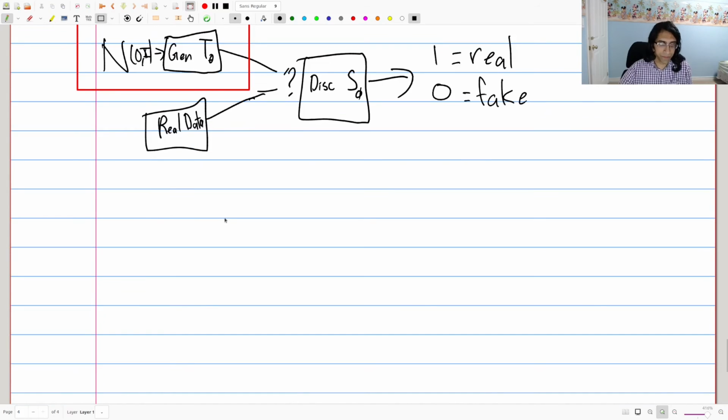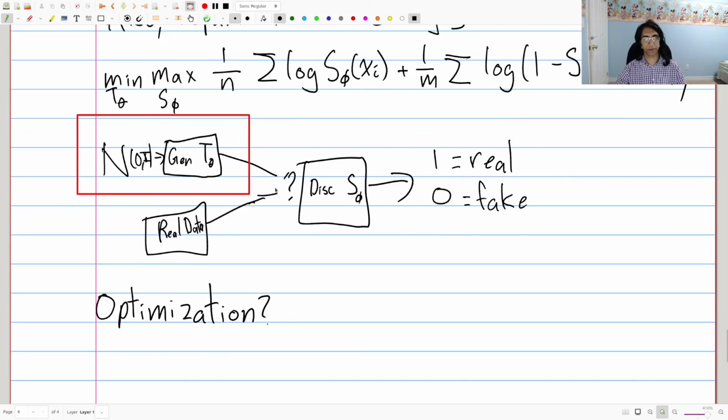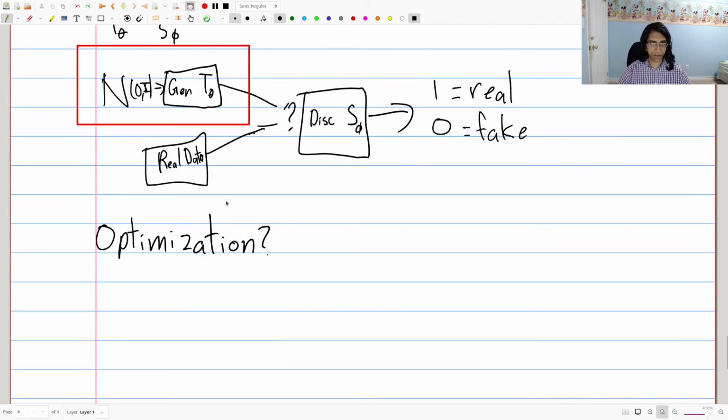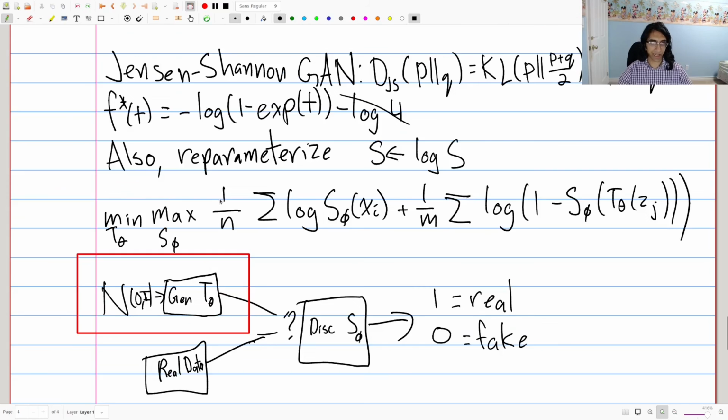Cool. So that's what GANs are really. And in terms of optimization, this is like the last question. How do we optimize this? Because you know how to train a regular neural network in the sense that you have a loss function where you just try to minimize something. But here we're going to have two different things. We're going to try to simultaneously minimize with respect to some parameters theta and maximize with respect to some other parameters phi. So it's not clear how exactly to do that at first glance.